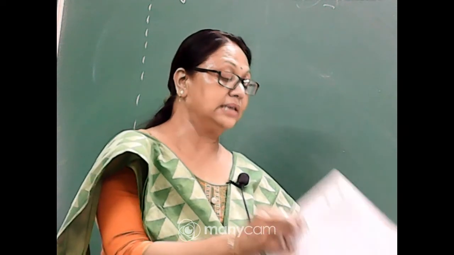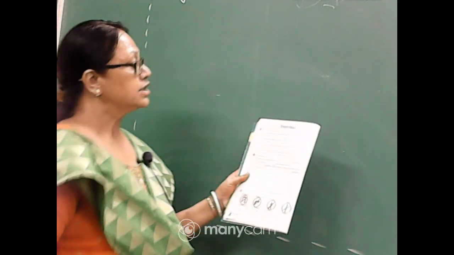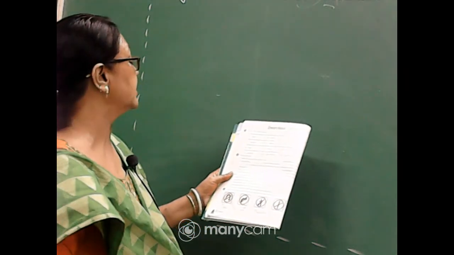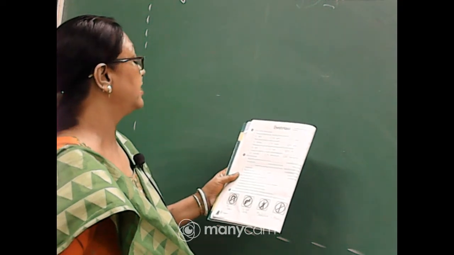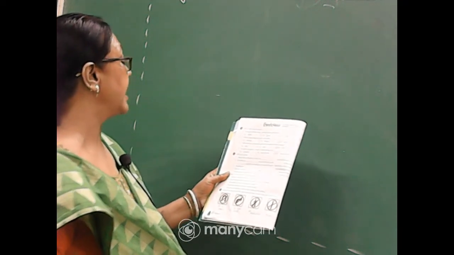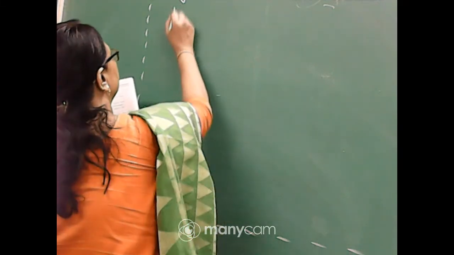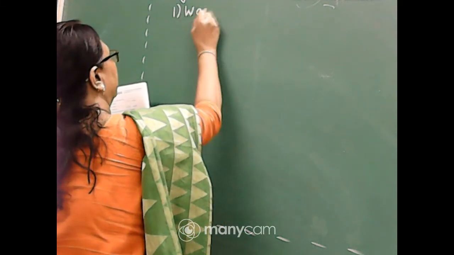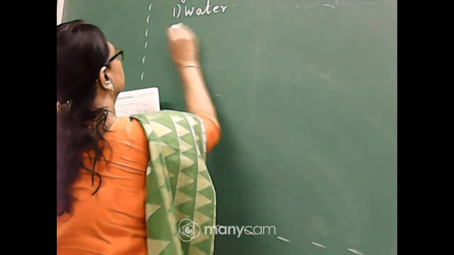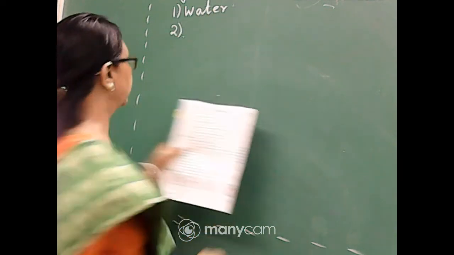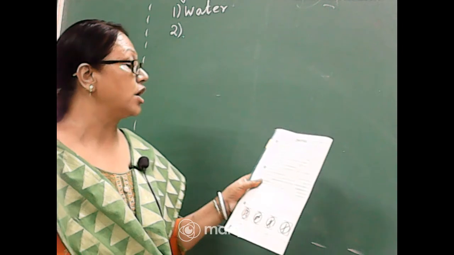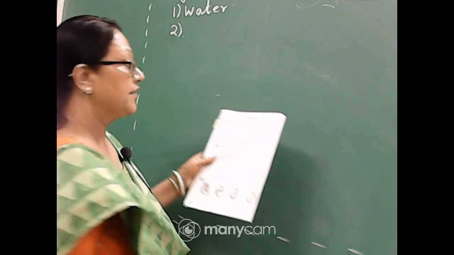Now the answers. Take out your book and write the correct answers. In case of a chemical burn, wash the affected area with what? We have to wash the area with water. So number 1 is water, write down water. Number 2, when a bone breaks or cracks, it is called a fracture.